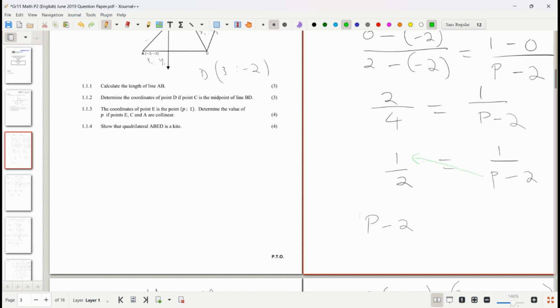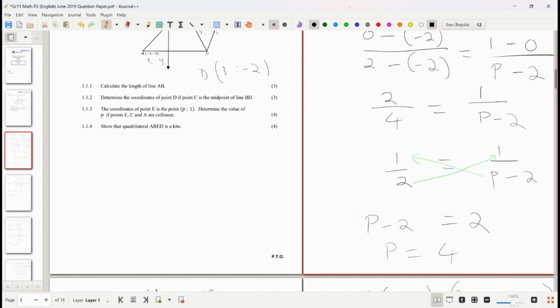So the denominator here, you multiply with the numerator here, right? And then you do the same here. The denominator here, you multiply with the numerator here, right? So p minus 2 times 1 is p minus 2, right? And 2 times 1, what is 2 times 1? Is 2, right? So we need to write 2. Where do we write it? Here. So it will equal to 2. So what is our p? Our p will be 4.